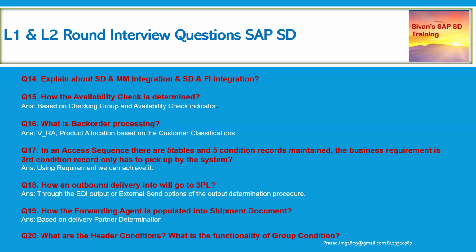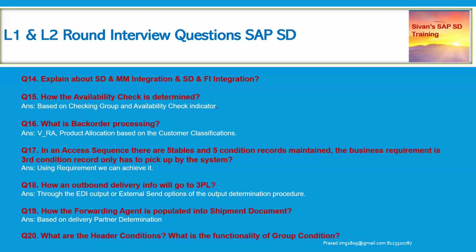So when we maintain an output and output determination procedure for the outbound delivery, based on that one, the print output option or the medium, there we have to select the option called EDI, and then once all the prerequisites are in place, that particular output will be transferred to the third-party logistics. So this is how we need to explain.